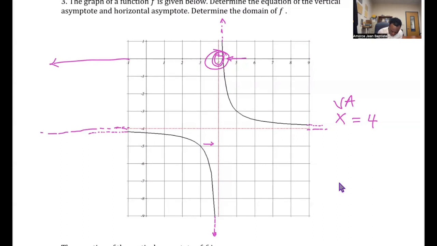And then when x is going this way, we see the graph is getting closer and closer to the line y equals 4. So that makes the horizontal asymptote y equals, is it negative 4? It's negative.